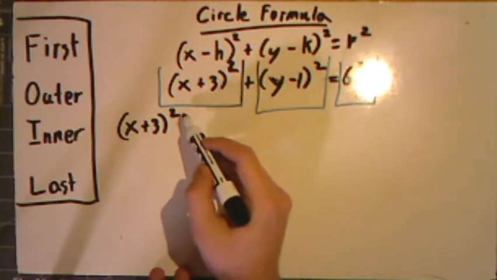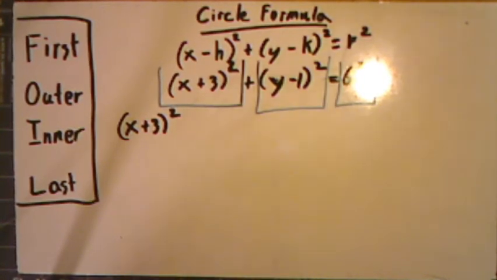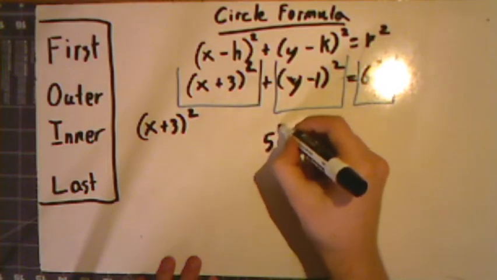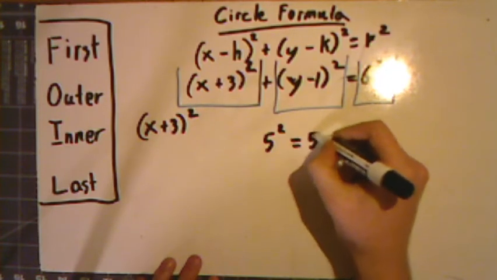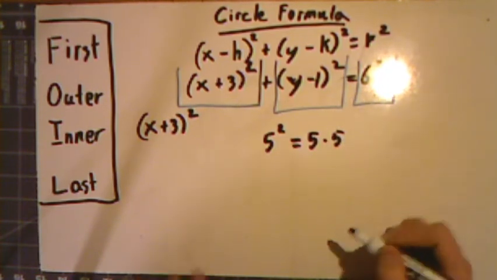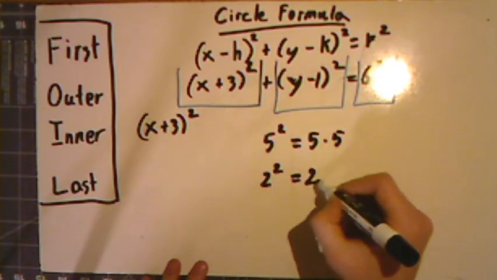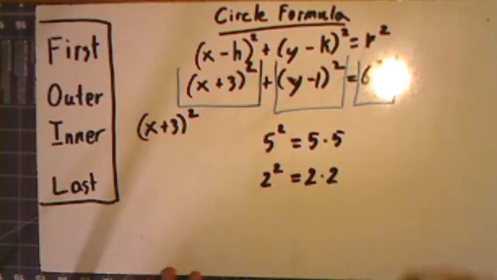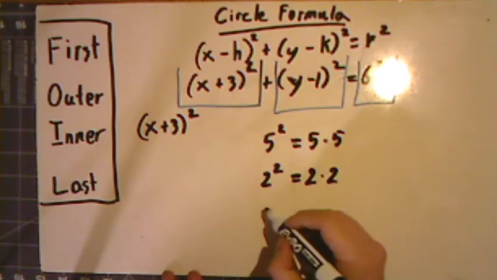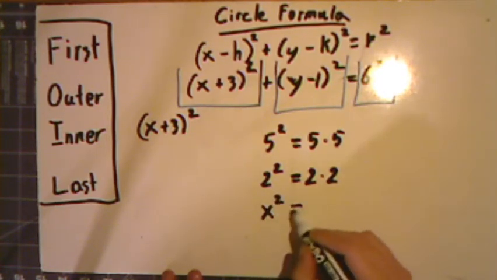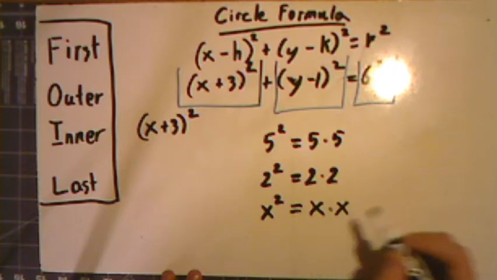When we square something, we have to remember that anything squared, 5 squared, is just that number multiplied by itself. 2 squared is just that number multiplied by itself, and the same thing goes for variables. X squared is just x times x.